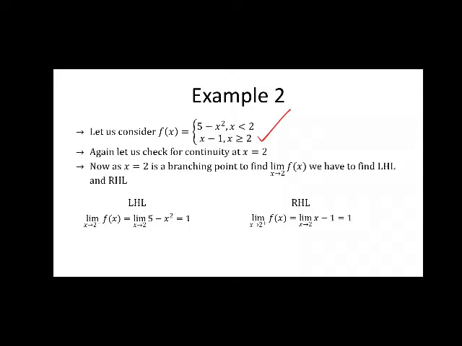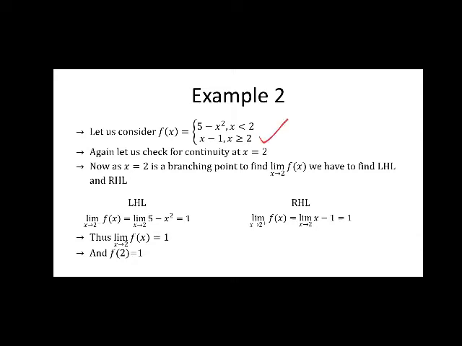And as they are equal, I can say that the limit at x equals 2 exists, and that is equal to 1. So therefore I can say the limit as x tends to 2 of f(x) is 1. Now let us find the functional value at 2. The functional value at 2 is 1. Obviously we can see, if we put 2 in x minus 1, the value 2 lies here.